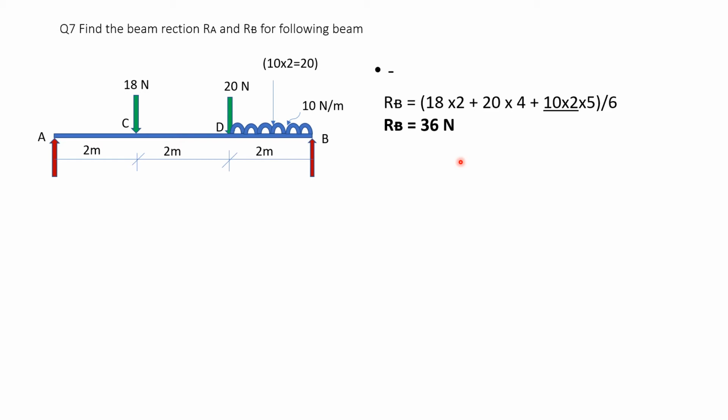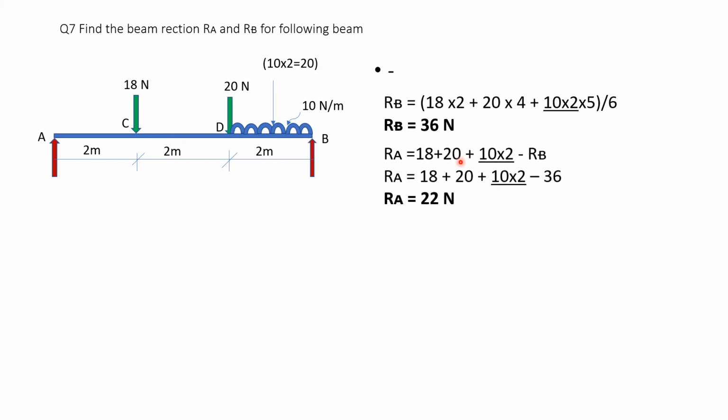Now how to calculate RA is equal to, RA will be equal to, now going downward is positive, so first force is 18, second is 20 going downward. For the UDL it will be 10 into 2 equivalent point load minus RB. Substitute the value of RB, 18 plus 20 plus 10 into 2 minus RB is 36. Do the calculations.